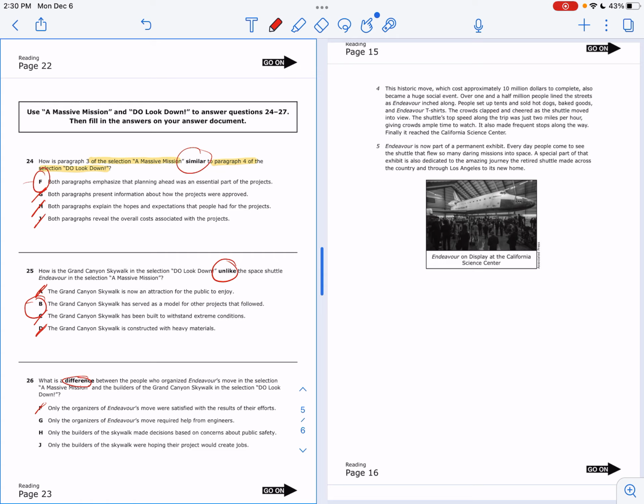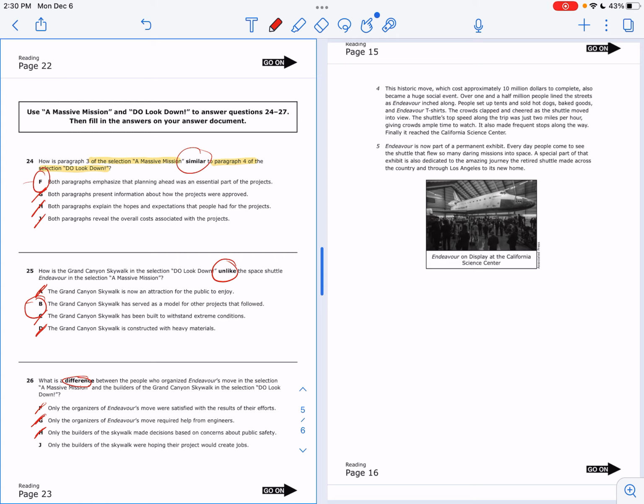Okay. G, only the organizers of Endeavor's move required help from engineers. This can't be true because it talked about engineers in both texts. H, only the builders of the Skywalk made decisions based on concerns about public safety. That's wrong. Both texts were talking about public safety and how that was really important to them and their community.